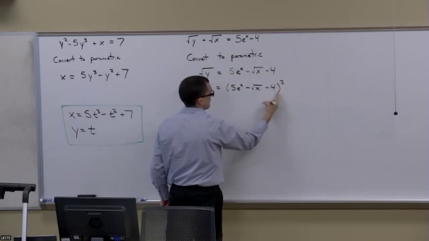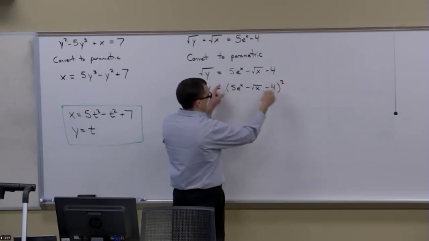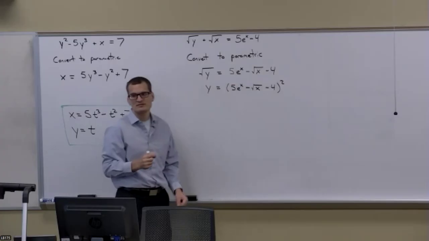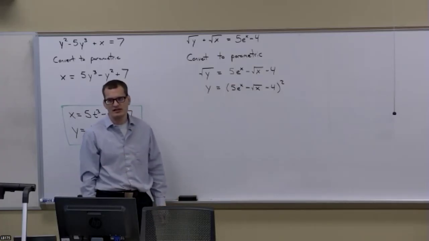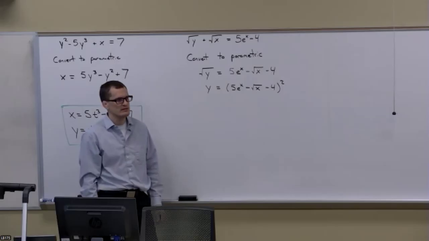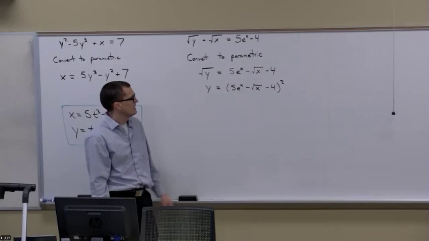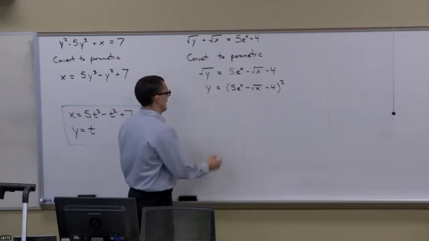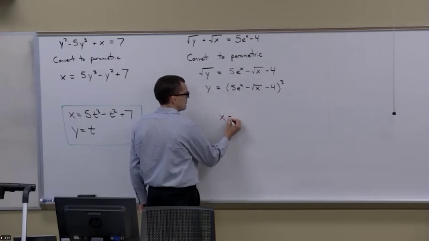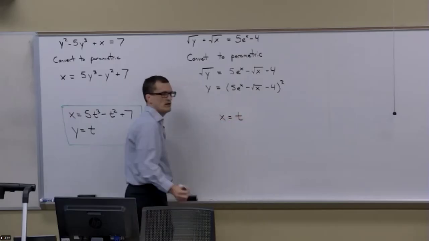Remember that if you are squaring this right-hand side, then everything needs to be in parentheses. You could multiply that out, but I'm not going to. It's easier not to multiply it out. So I'll just leave it as is. Now that I have y equal to an expression in x, I just set x equal to whatever equation I want.